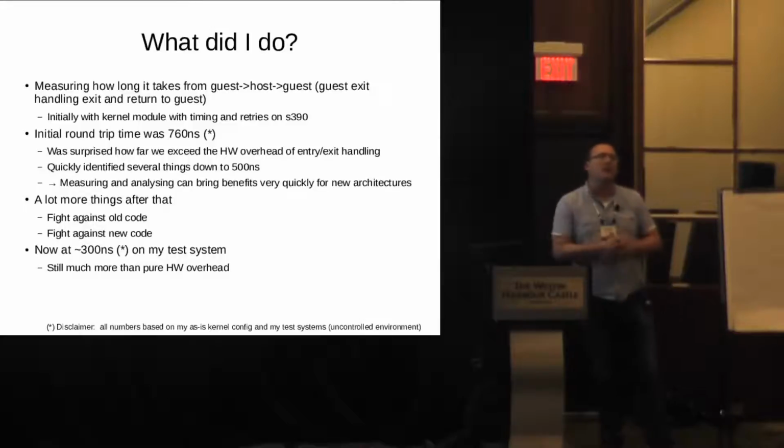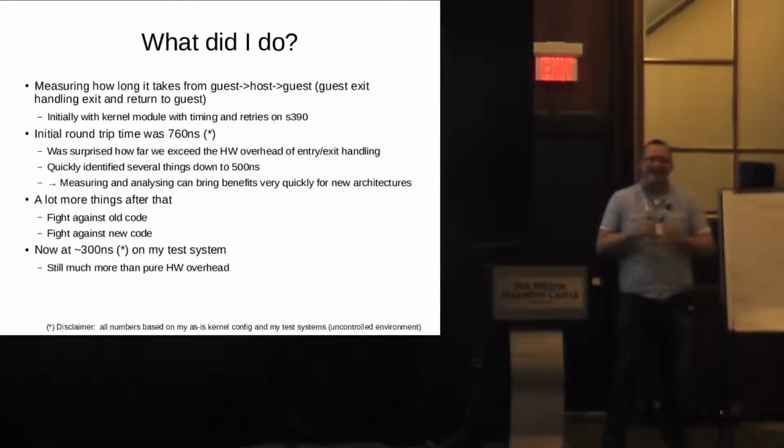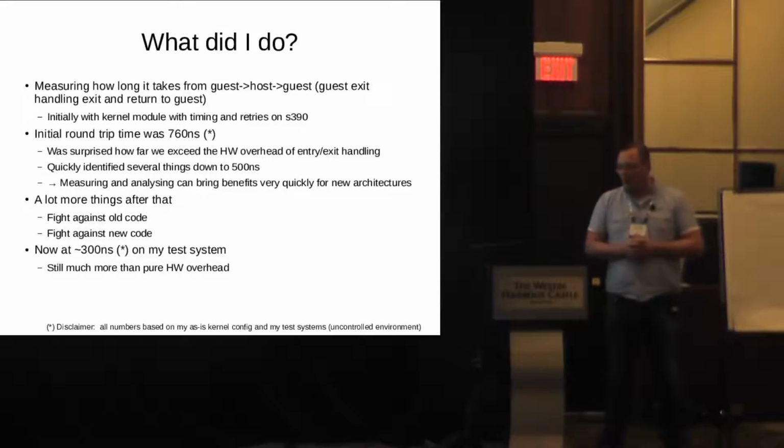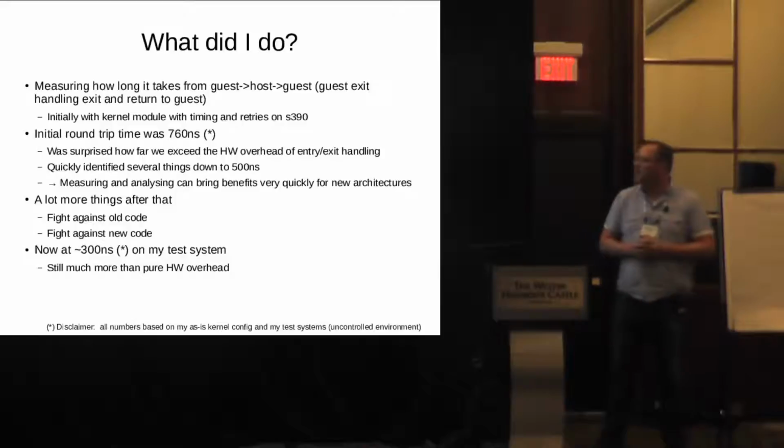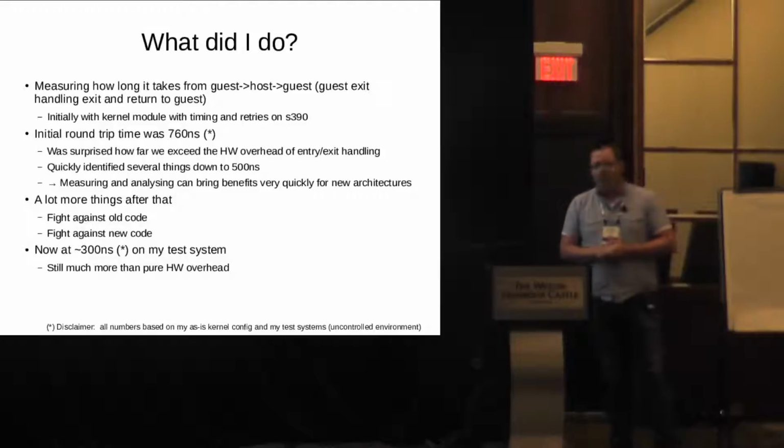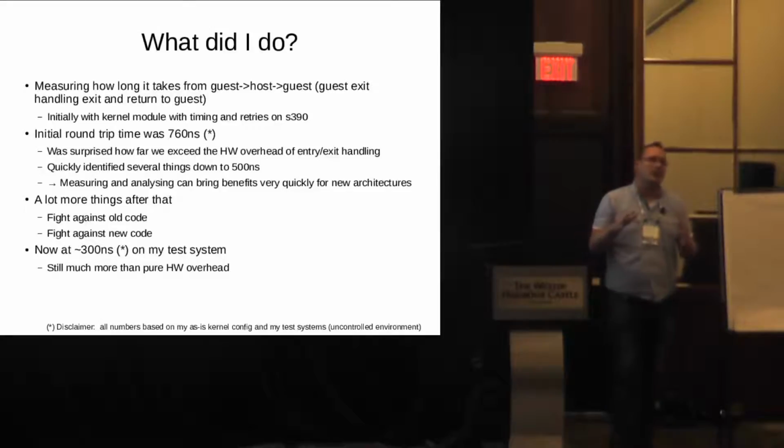So by simply quickly looking at some samples, just doing perf, I was able to identify a lot of things very easily and brought it down to 500 nanoseconds. And that is actually something that you can learn.